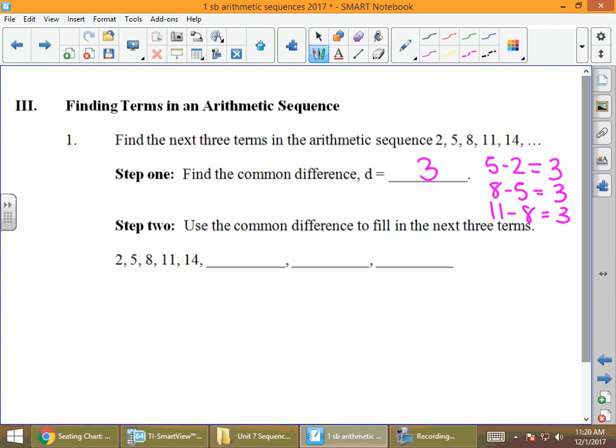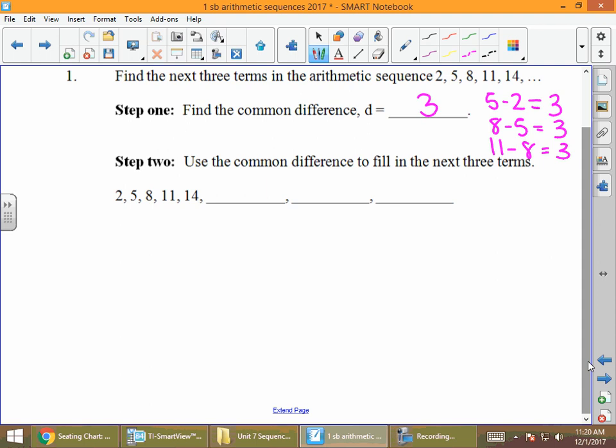Once we find our common difference, we're going to use it to fill in the next 3 terms. As we're going to the right in this sequence, we take the number before it and we add the common difference to it. 14 plus 3 is 17.